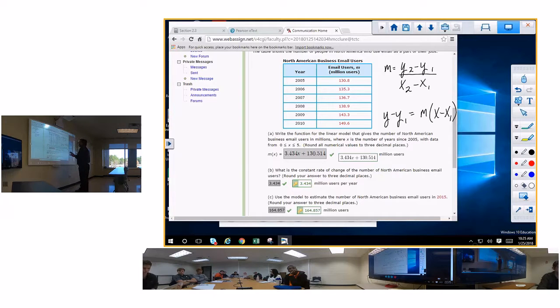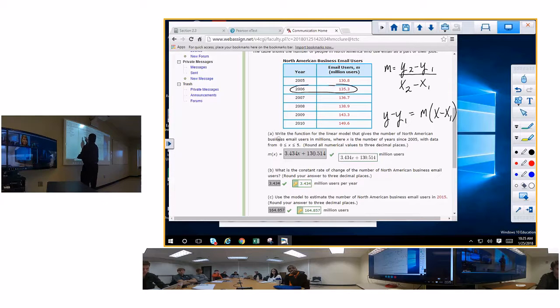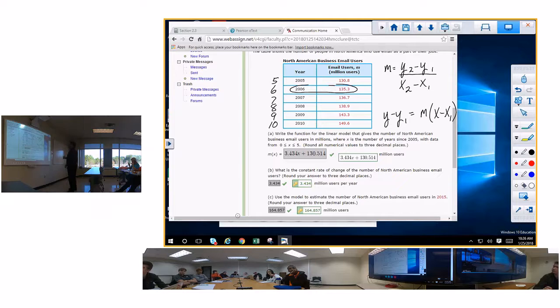Find 2 points, which you can use this one. And I'm going to use years since 2000, so this would be 5, 6, 7, 8, 9, 10. They do not specify, I don't think, whether they want you to do years since 2000 or the year. So I'm going to pick 2.